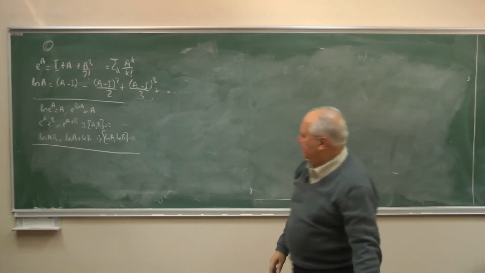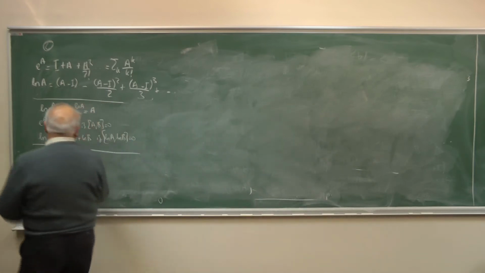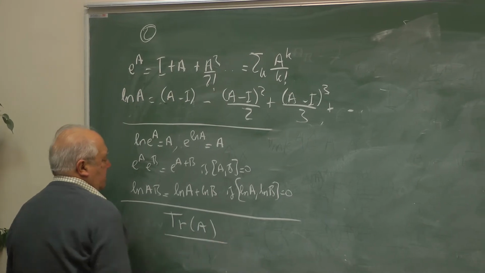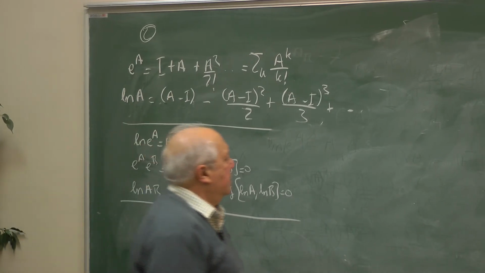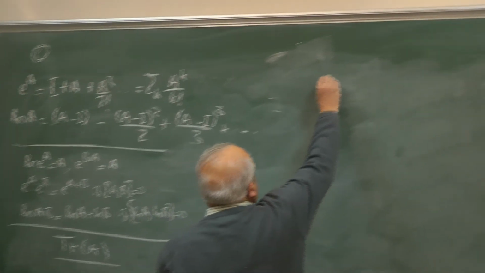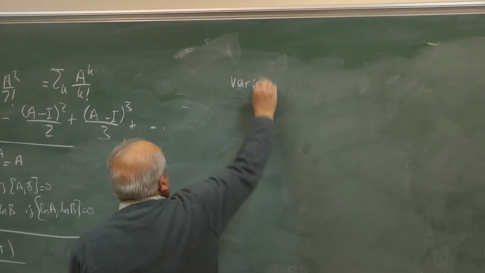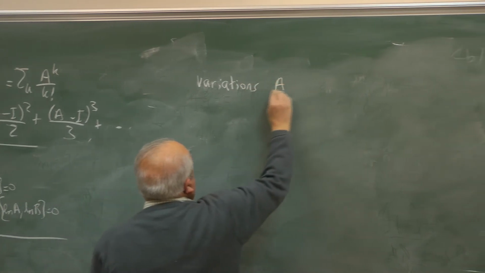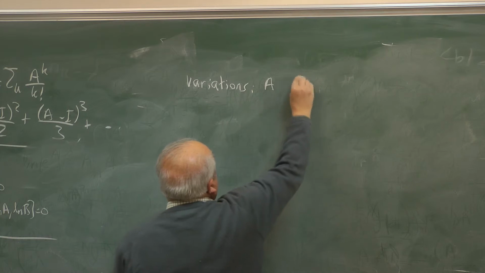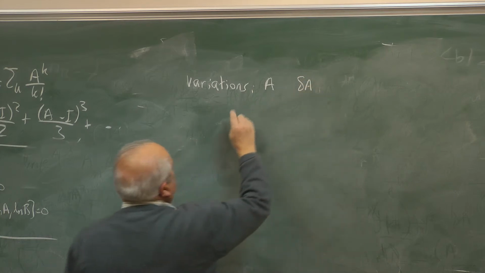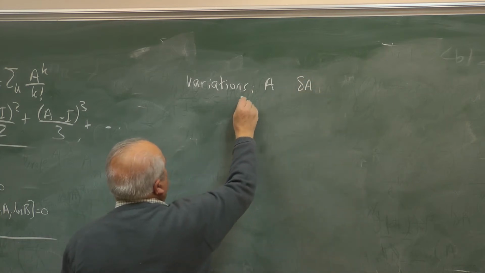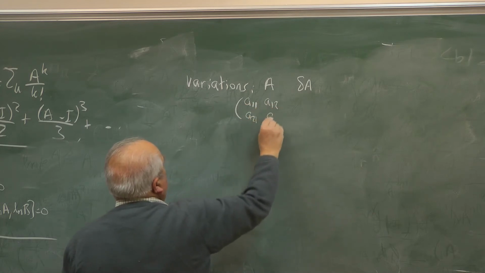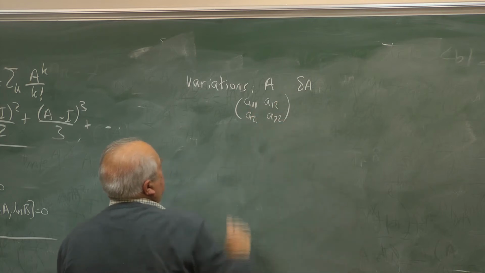Now, with the trace, there is a long list. I will just remind us of trace A. Now, let us look at variations. For example, if we have A, we can vary A, delta A. Let me just do it with a 2 by 2 matrix, A11, A12, A21, A22, real or complex numbers.